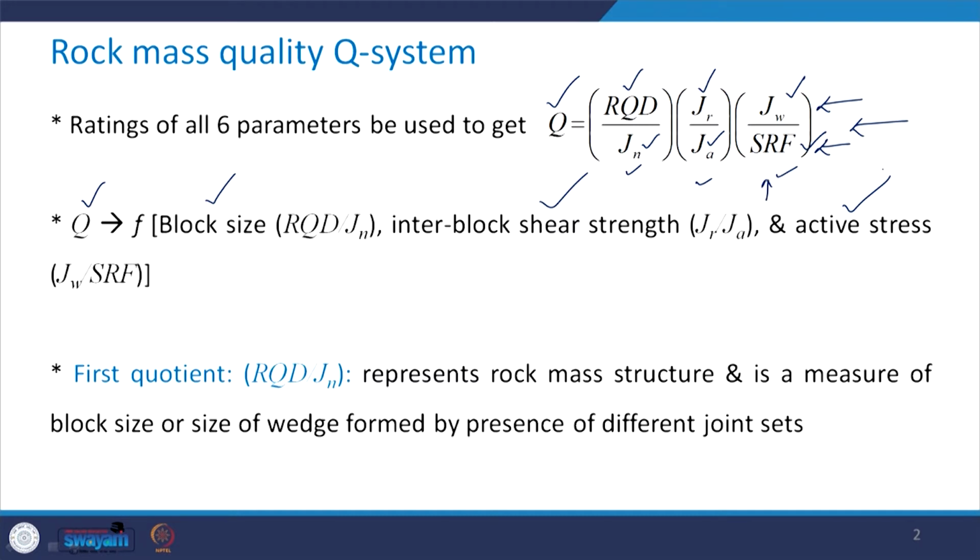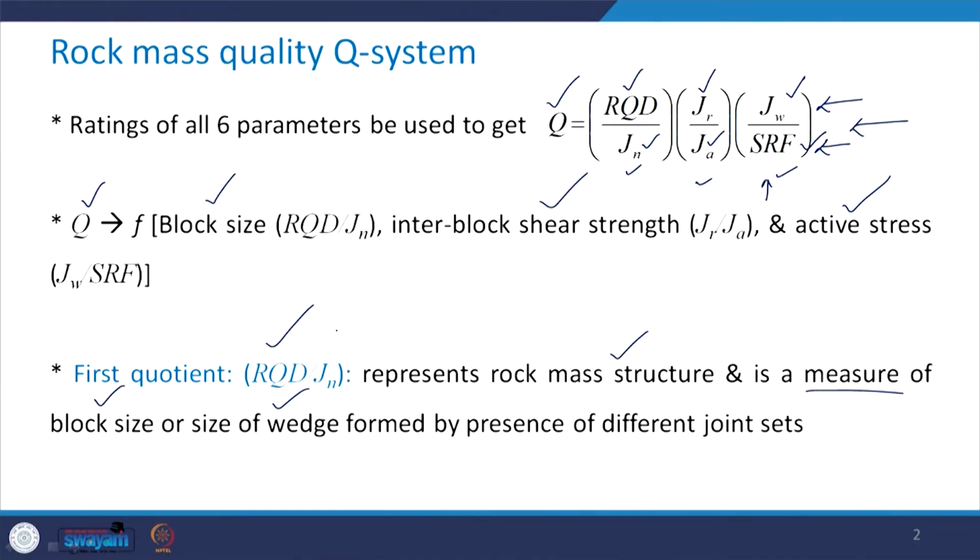So coming back to the first quotient once again, which is defined as RQD upon Jn, it represents the rock mass structure and it is a measure of block size or the size of wedge which is formed by the presence of different joint sets. The larger the RQD, the bigger the block size, and therefore this first quotient is representative of the block size.